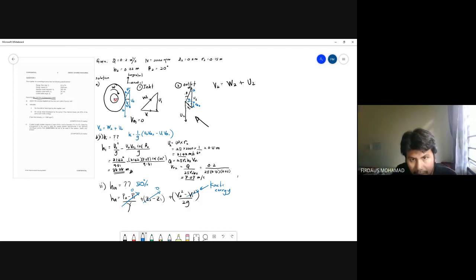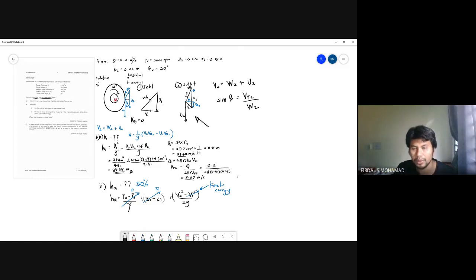Sin beta, boleh guna sin. Sin beta equal to VR2 over hypotenuse W2.